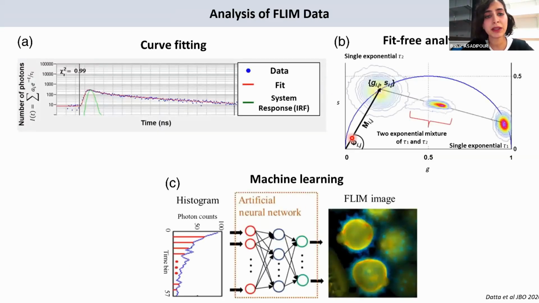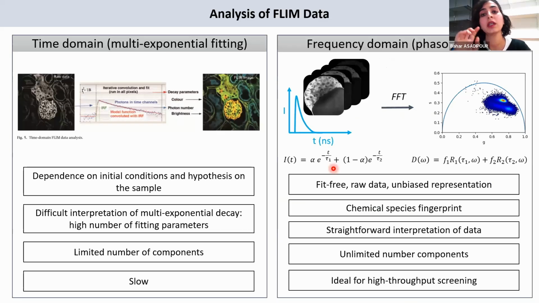So the methods for data analysis can be categorized very broadly into three categories: curve fitting, fit-free analysis, and machine learning. We are going to focus on the two most used ones, because machine learning is rather new. The other two are time domain and frequency domain analysis of the FLIM data.